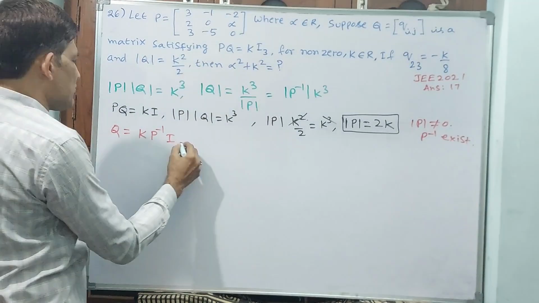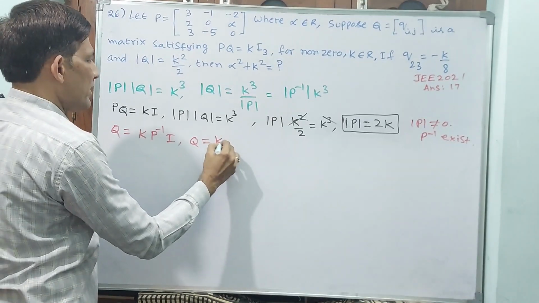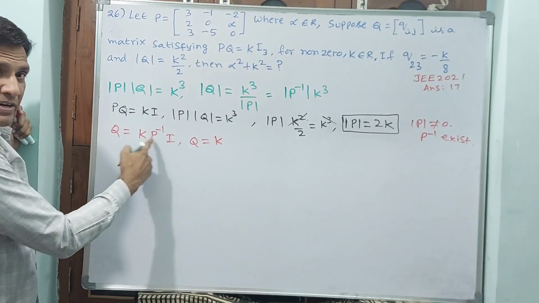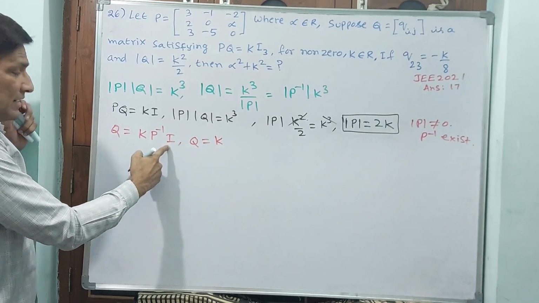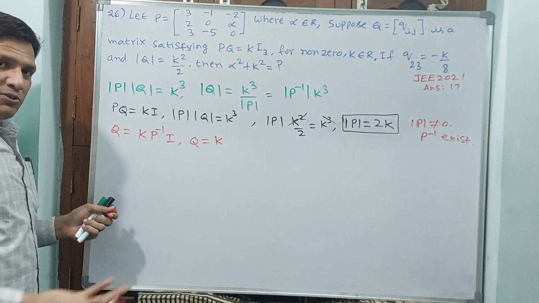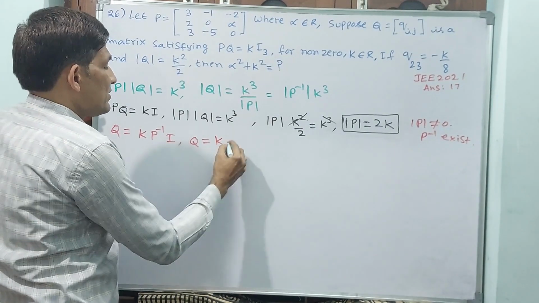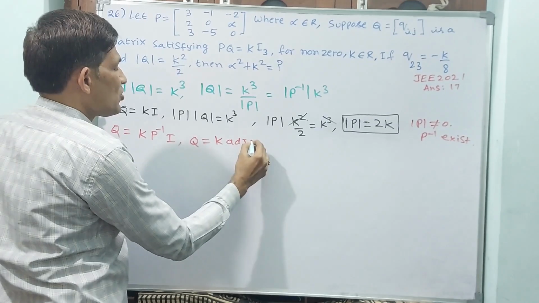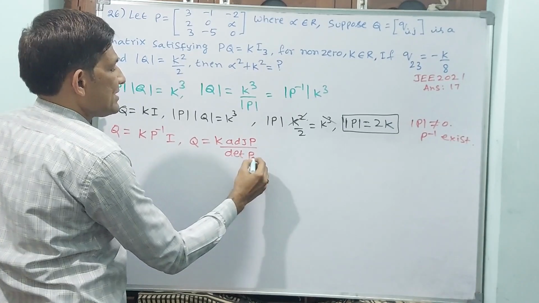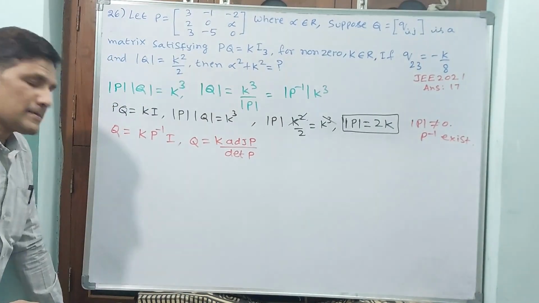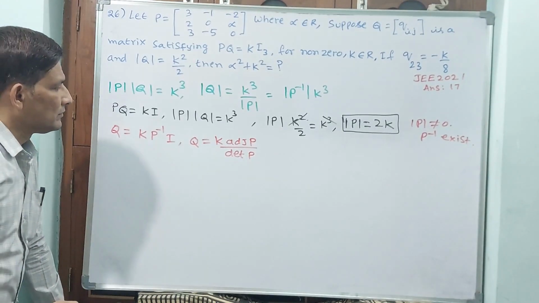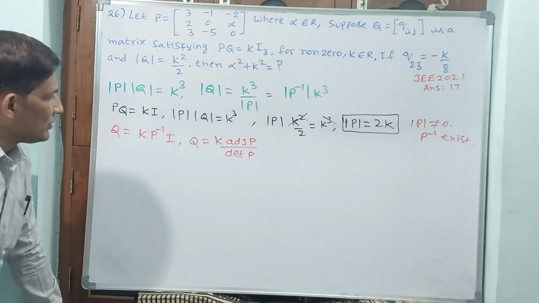Now see how I am changing this. Q is equal to K into, see, whenever you multiply with I, we are not taking determinant. Whenever you multiply with I, automatically the same matrix is going to happen. That we know. Now you see, shall I write like this? Adjoint P by determinant P. Is it okay?